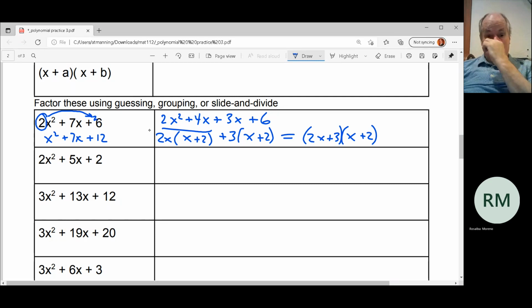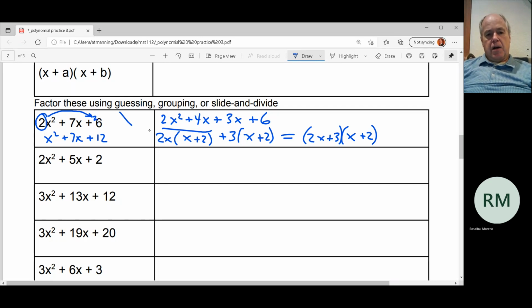Remembering later on, we'll be dividing by that 2 to get it slid back to where it needs to be in front of the x. But for now, we can do the slide part of slide and divide, bring that 2 over here, multiply it by the 6 to give us 12.